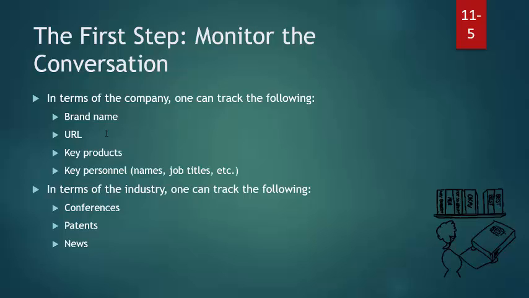This might be for specific types of jobs in that area. So it might be, is it for physicians? Is it for doctors? Is it for radiologists? You need to be as specific as you can to see what's going on, to monitor that conversation of what people might be saying.